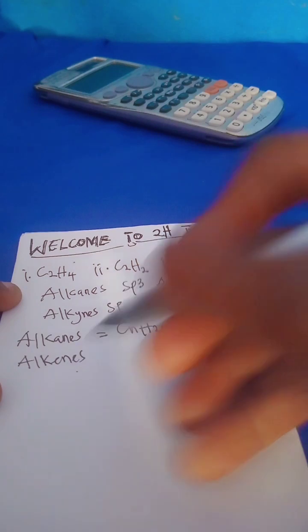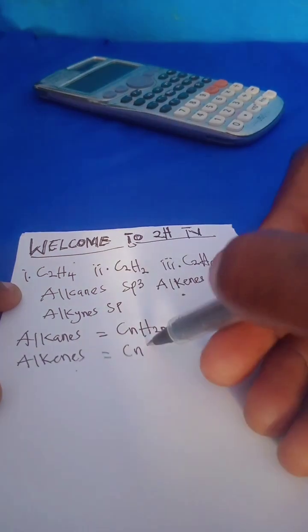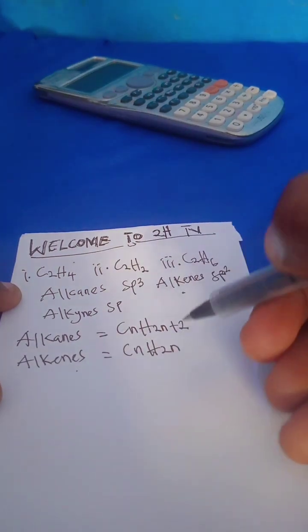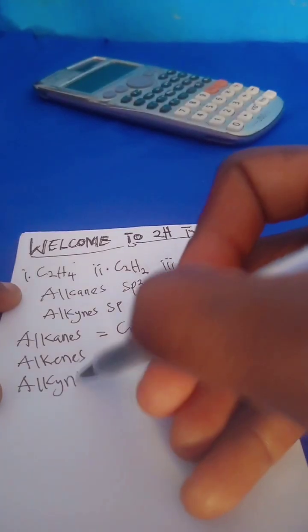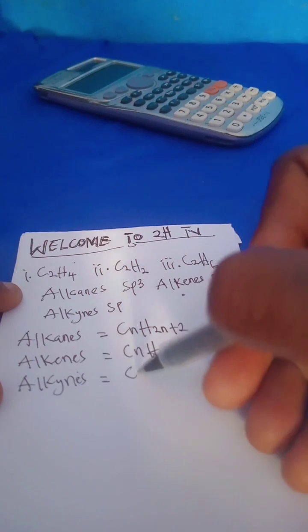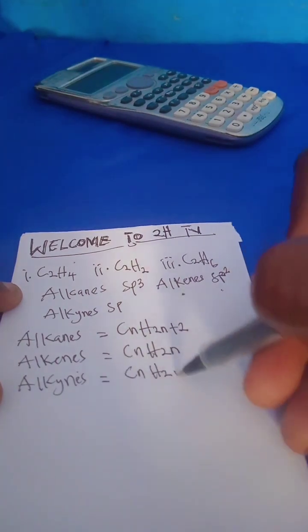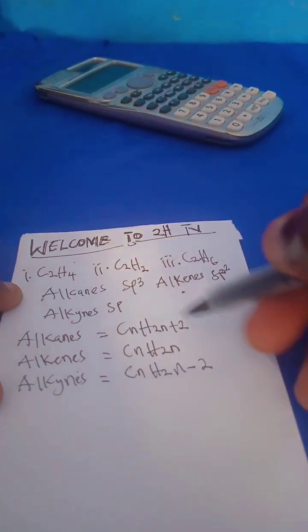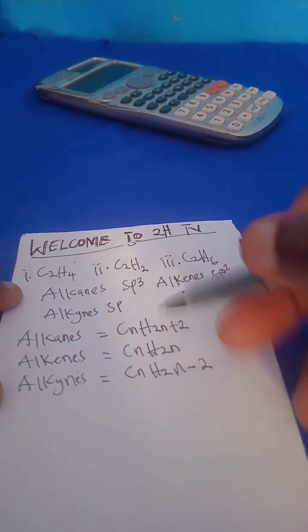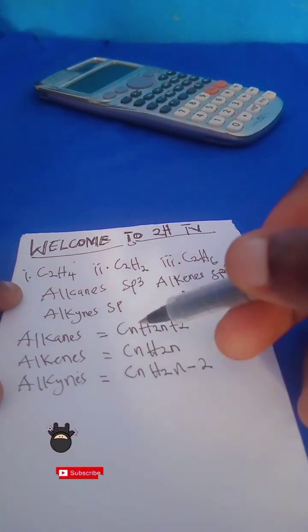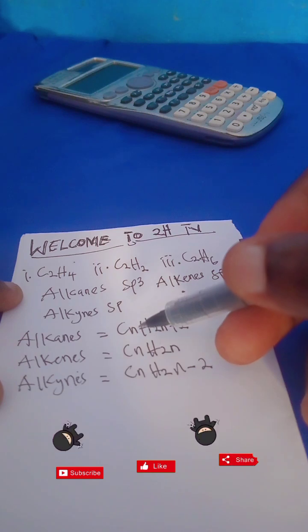Alkenes are CnH2n. Alkynes have CnH2n-2. Our concentration is mostly on the hydrogen side because the carbon number may be the same.